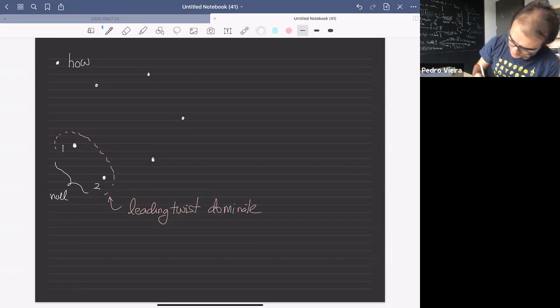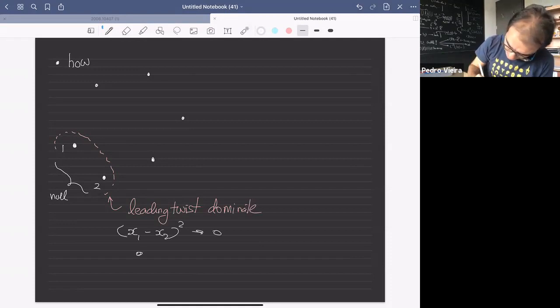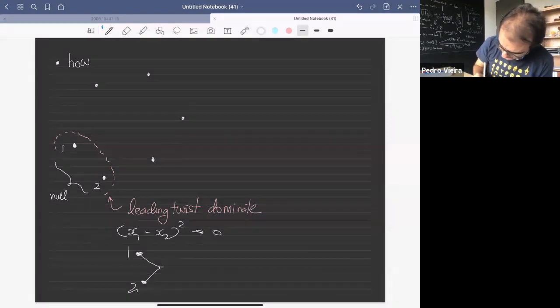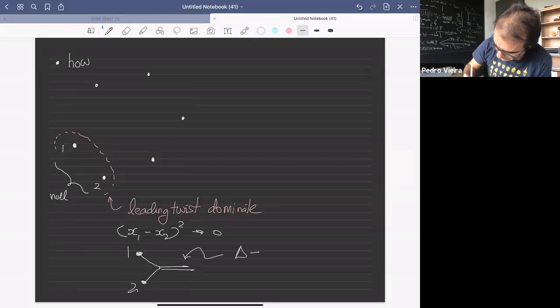That is, when x1 minus x2 squared goes to 0, in the channel where I fuse 1 and 2, here I will have the leading twist, the operators with a minimum twist.